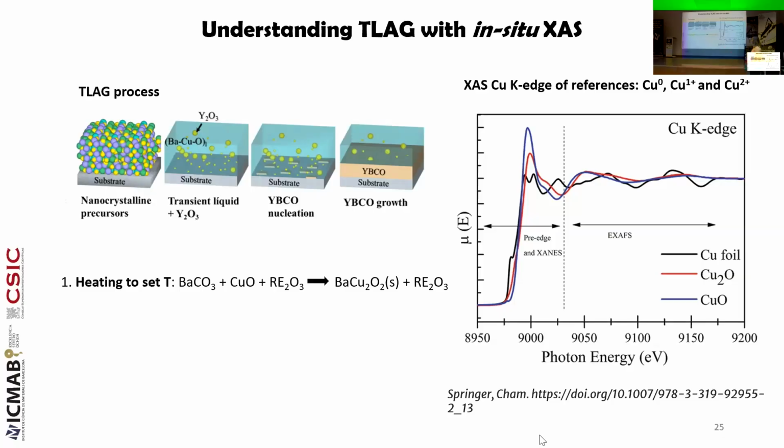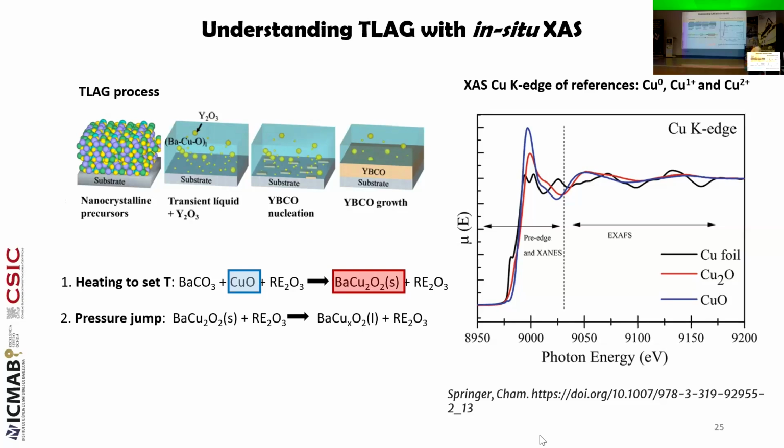So what we expected to see during the heating ramp was the transformation of the copper oxide with the valence state 2 to the barium copper 202 solid phase of valence state +1. Then, during the pressure jump, what we expected to see is a transformation of this solid phase into the transient liquid.